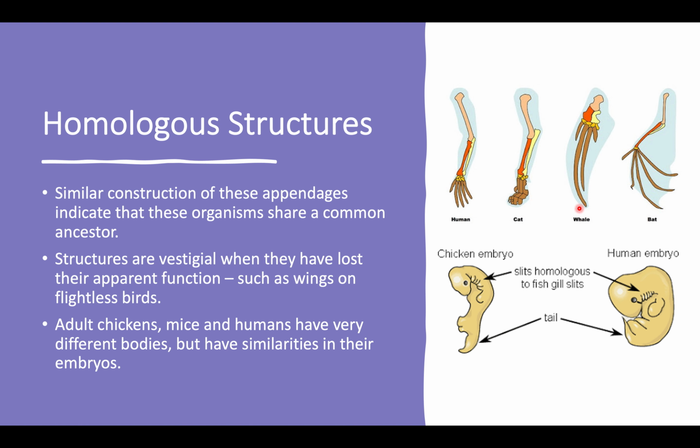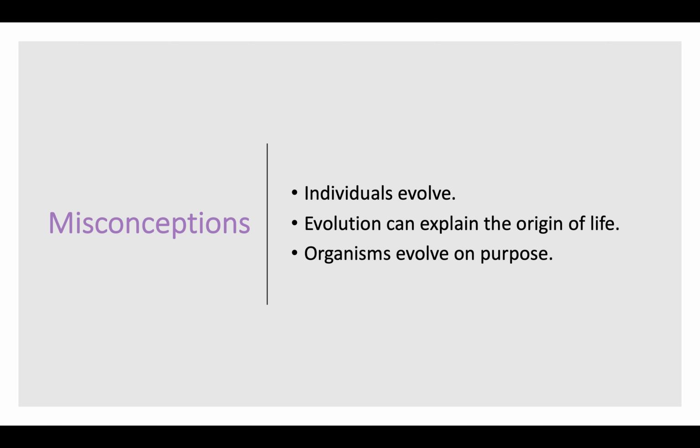So I'd like to talk about some misconceptions about evolution, just slightly. There's the misconception that individuals will evolve. I keep trying to reinforce the idea that populations evolve, not individuals. When I say populations, I mean, for example, the entire human population or the entire population of a specific bird, rather than one bird or one human.